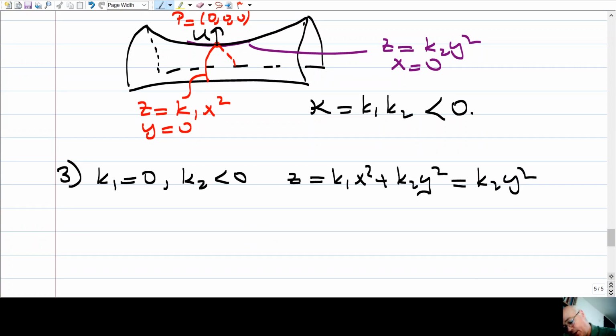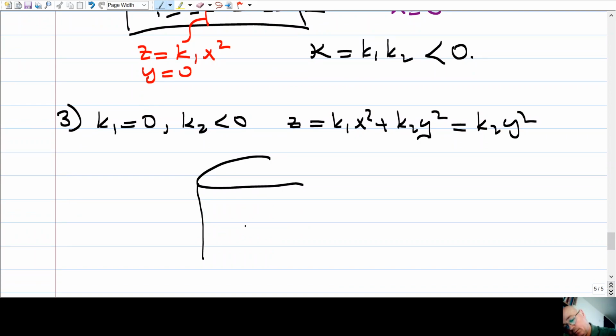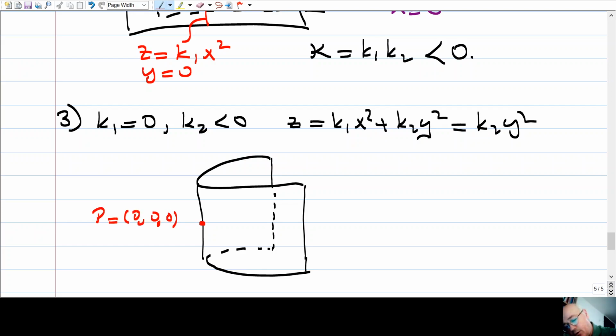And we have a paraboloid like this. This is the surface, and this is the point P, which is 0, 0, 0.